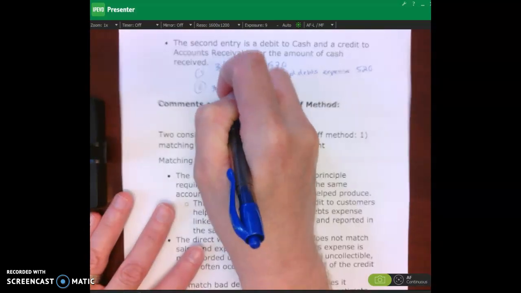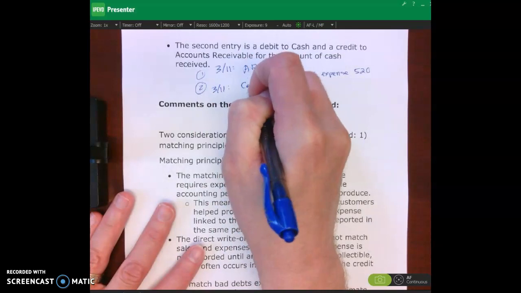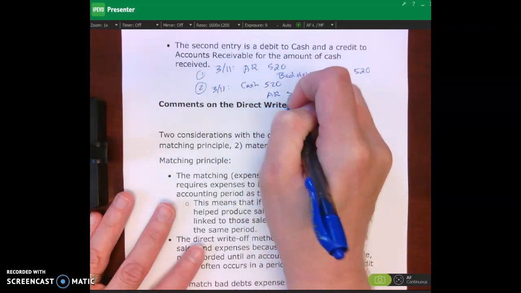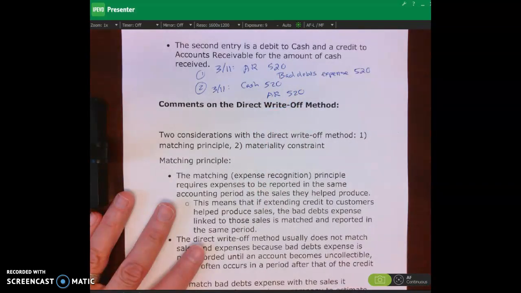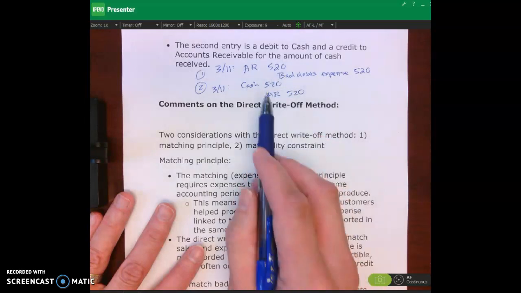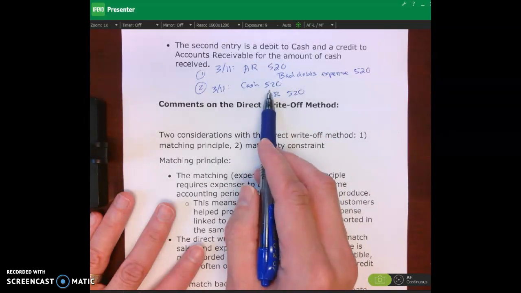So on 3/11, the second one, debit cash, $520, then credit accounts receivable, $520. That becomes our second journal entry. So 2 journal entries when we recover a bad debt: one to reinstate accounts receivable, one to then pay off the accounts receivable.